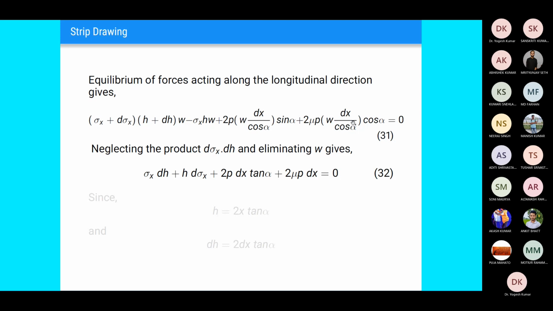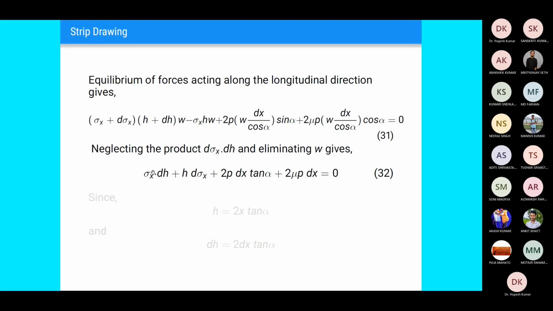So we can eliminate w, the width of your strip, and you can neglect the multiplication result of d sigma x into dh.